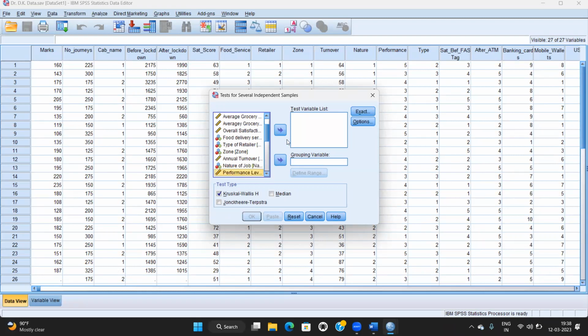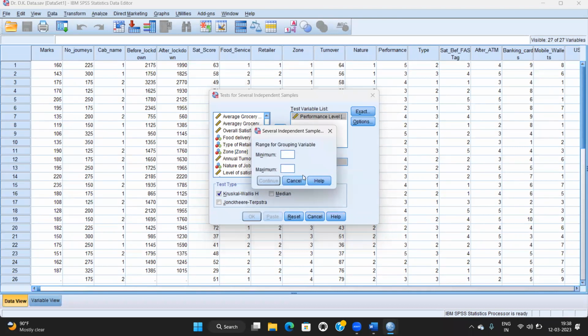What is the grouping variable? Type of employees. Look at this box. Earlier it was define groups, group 1, group 2. Now it is define range.